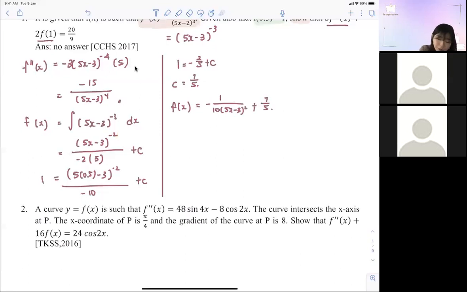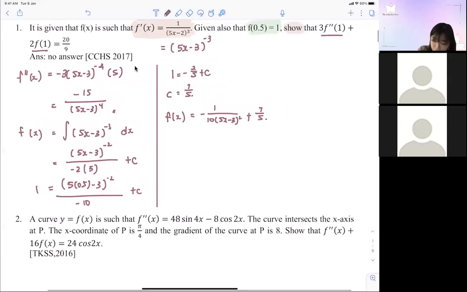Okay, so now we have f double prime, we have f x. Now we just have to sub. Okay, so 3, f double prime 1. So that means you have to sub 1 into this equation.